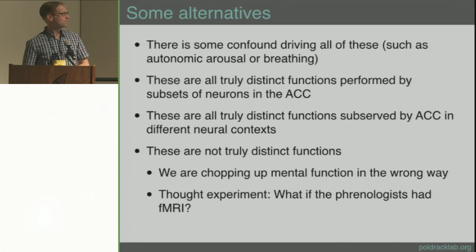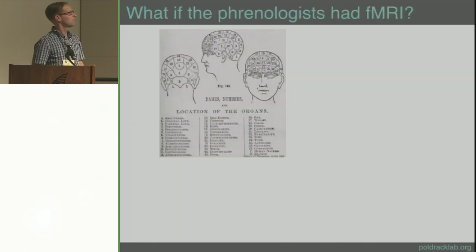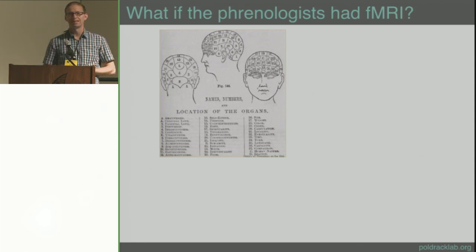Remember our friends the phrenologists. They had a bunch of things that they thought were parts of the mind, like human nature, vitativeness, alimentativeness, and suavity. Let's say that my lab studies suavity.